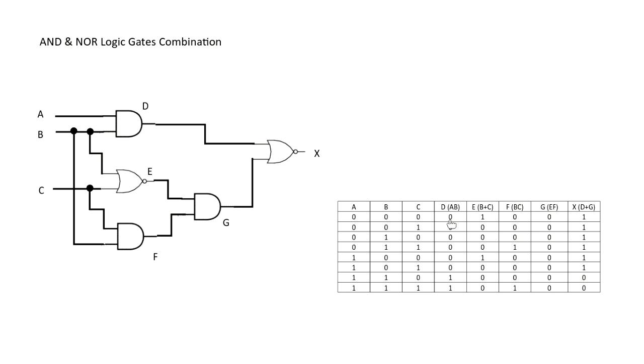It will be 1 only when both A and B are 1. You can see where both are 1: they are in the last two combinations. So D is also 1 in only the last two combinations. Before that it is all zeros.